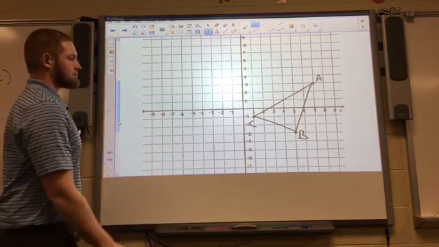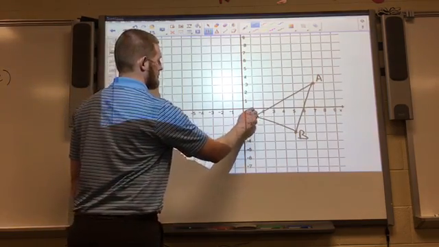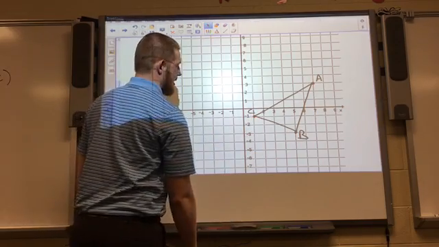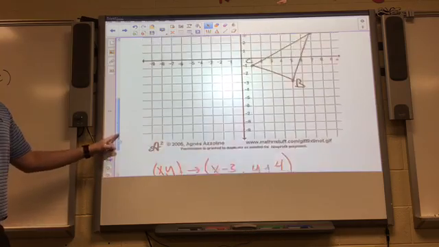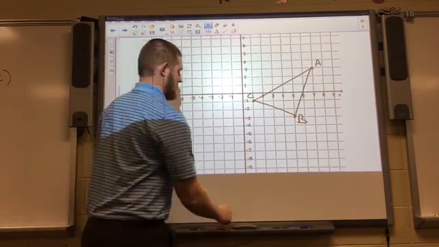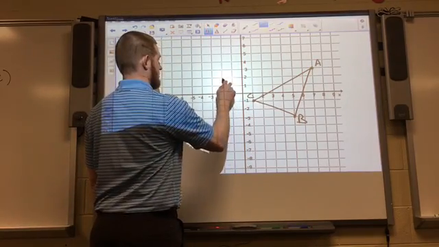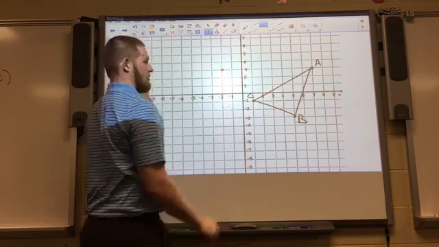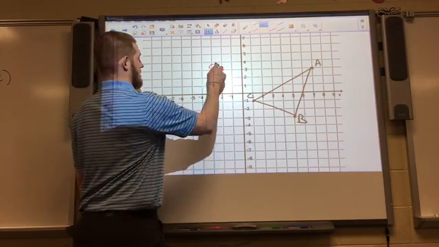All right. So I have my original triangle, and we already said we're moving it left 3, up 4. Do I have to do that to every point? Yes. So I'm going to go left 3: 1, 2, 3; 1, 2, 3, 4, up. And that point would be called what? C prime.